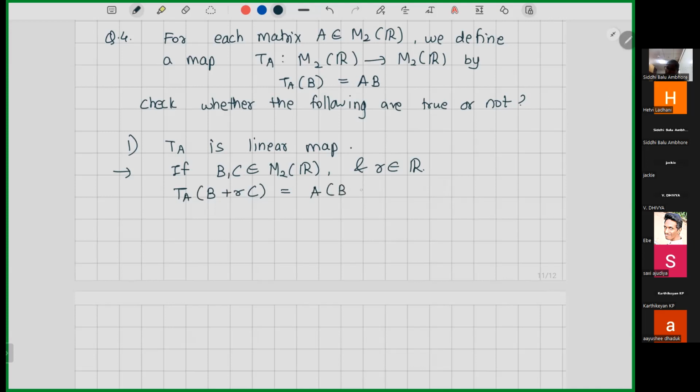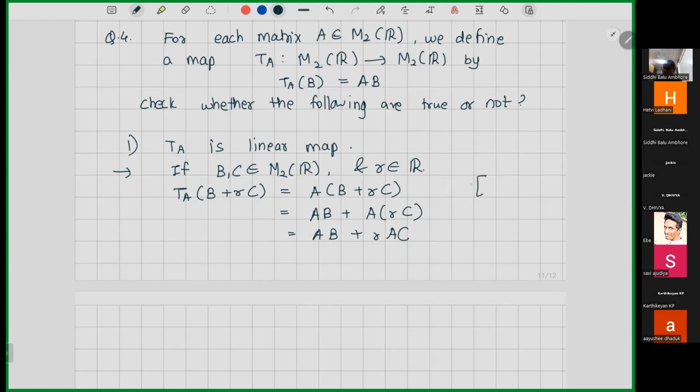A into B plus RC, right? And what is this? AB plus A RC. And what is A into RC? It is just R AC, okay? Yes, you can check this.